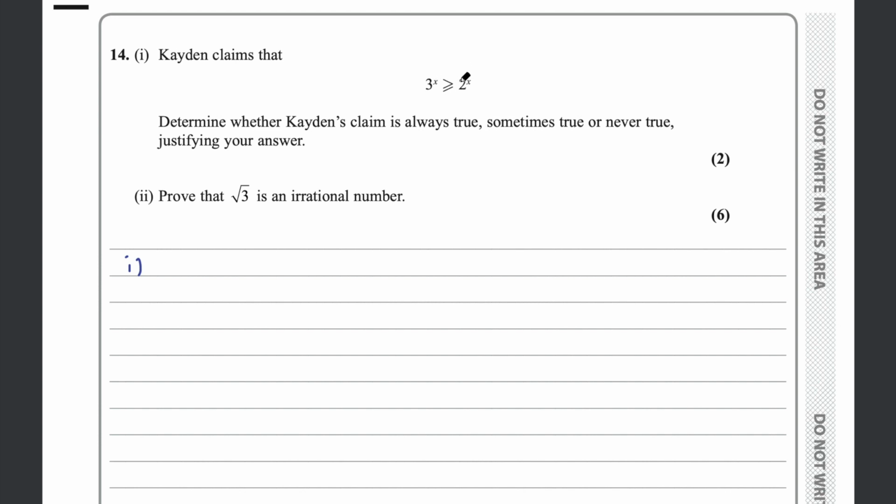And actually a half is greater than 1/3. So it would not be true if x was negative 1. So we could say if x equals negative 1, 3 to the x equals 1 on 3, 2 to the x equals 1 on 2. So therefore then we'd have 2 to the power x greater than 3 to the power x.